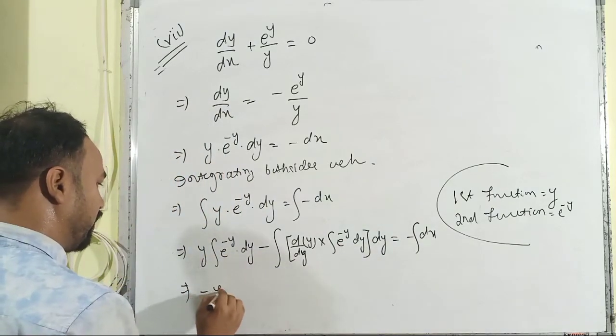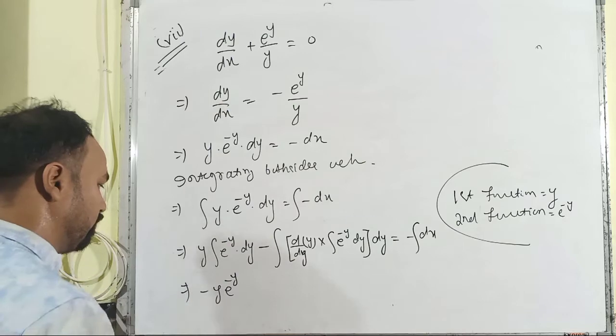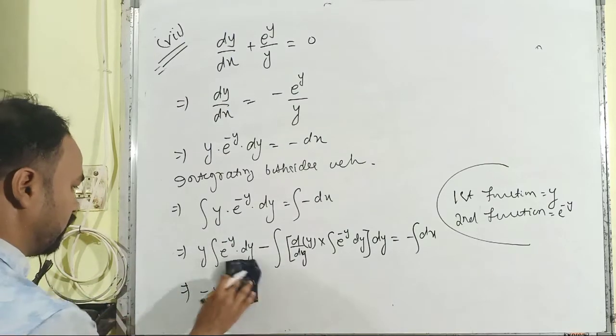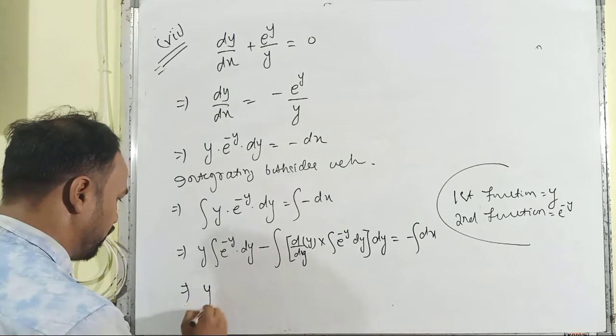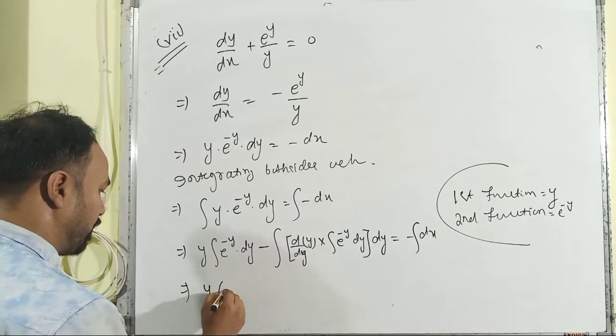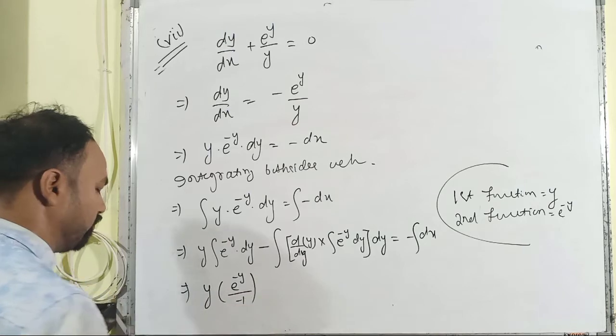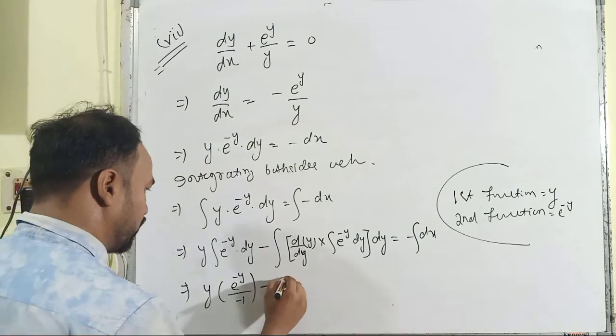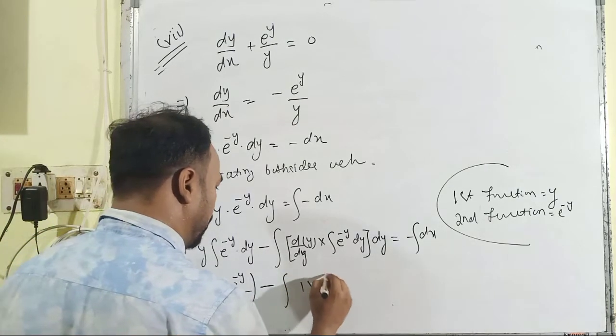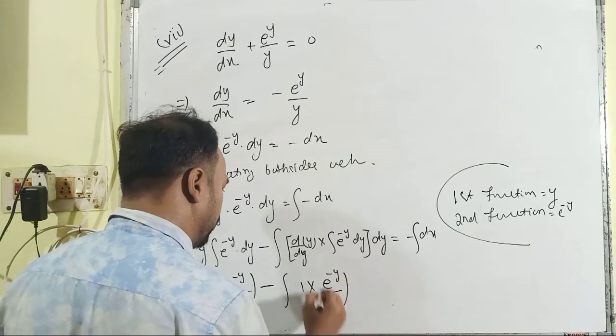Then minus y e to the power minus y, okay, let us write down step by step. y times integral of e to the power minus y, it is e to the power minus y divided by minus 1, minus 1 times e to the power minus y divided by minus 1.